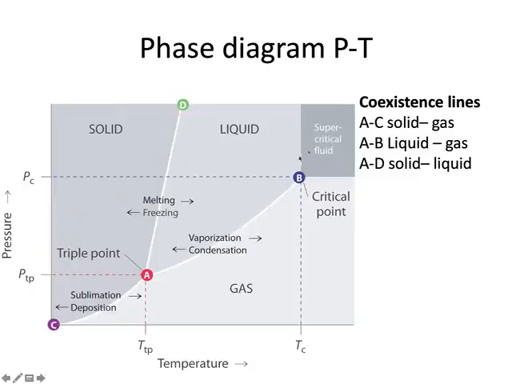And that's why there is a critical point of this coexistence line. It does end. Above this, there is no coexistence line, and the critical point has very special properties that has interested physicists for a very long time.